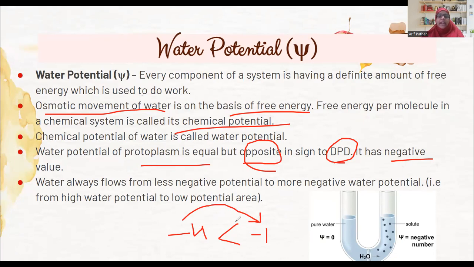That is, from high water potential to low water potential. Wherever there is high chemical energy, or water potential, we are talking about the osmotic movement of water. So from high to low, it will be moving.